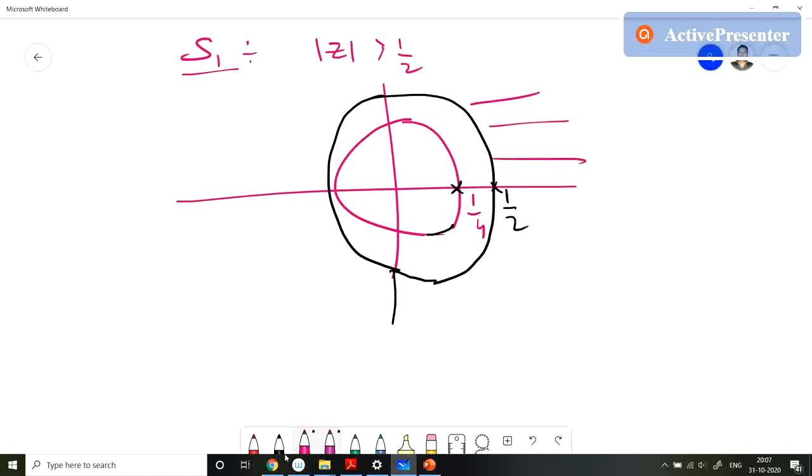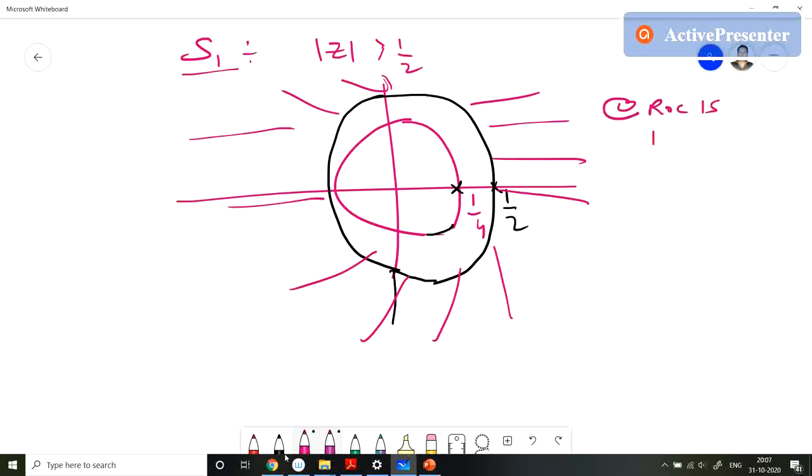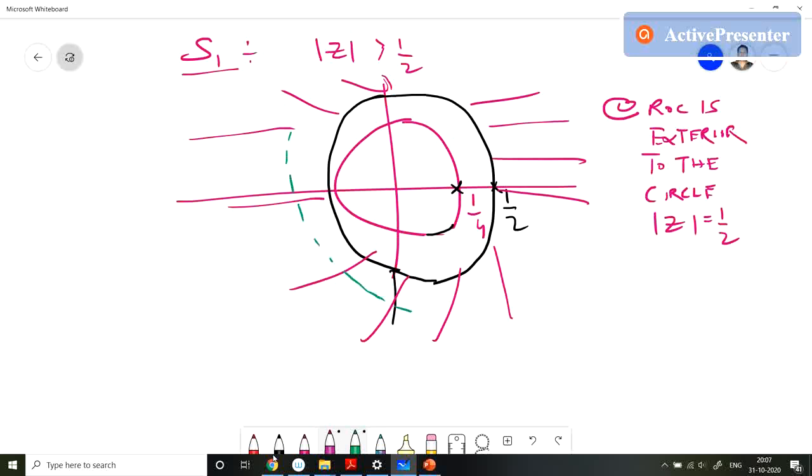So the ROC is exterior to the circle modulus of z equals 1/2. Now we can easily say, since the unit circle, so where is the unit circle? This is our unit circle of radius 1.